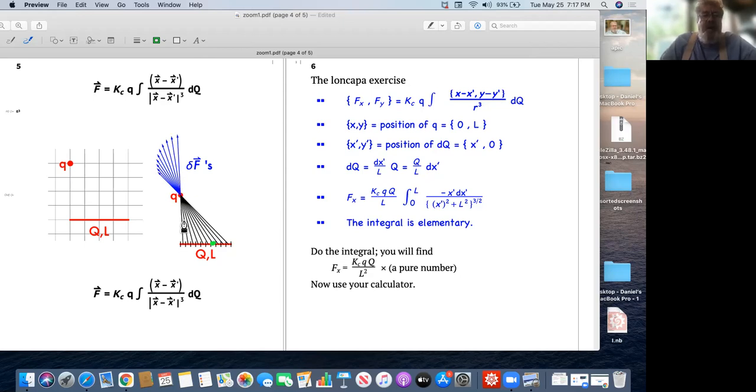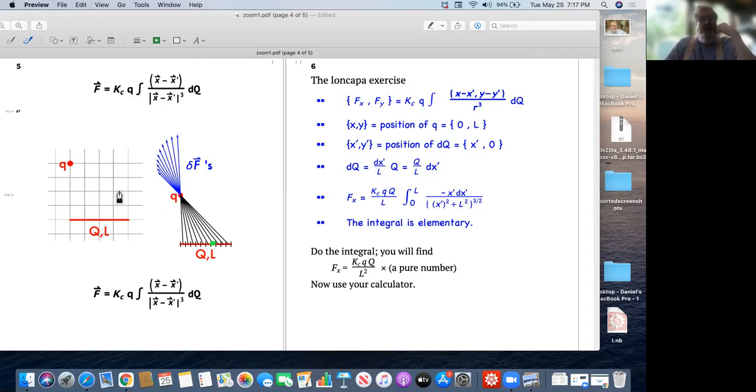And this part of the rod over here exerts this force. So in fact, if I've subdivided the rod into 1,000,000 parts, I have to add up 1,000,000 forces, to add them as vectors, because force is a vector. But I don't have to add up 1,000,000 things. I just do an integral.